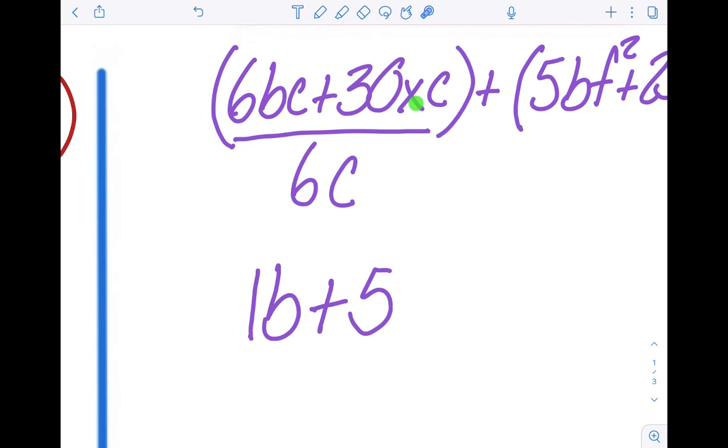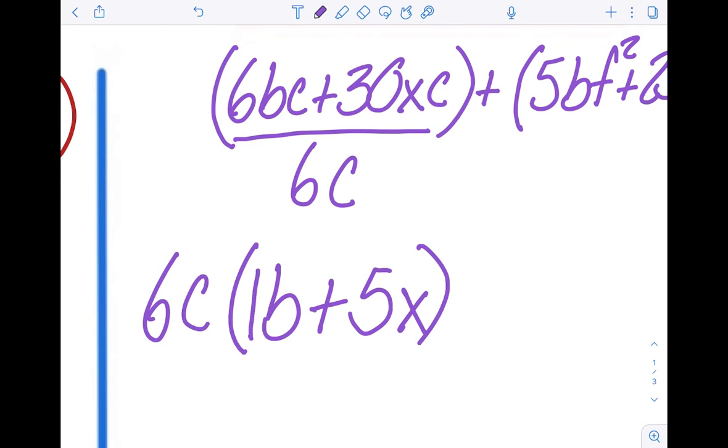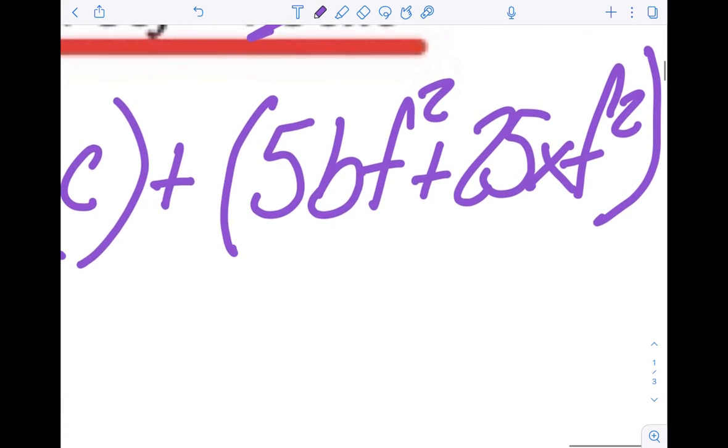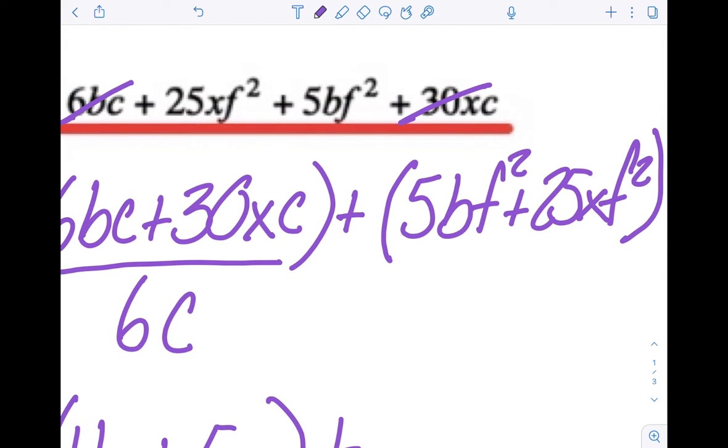And I bring down my X, and C divided by C also cancel out. So I'm left with 1b plus 5x, and then I'm going to put 6c in front. Look at that.